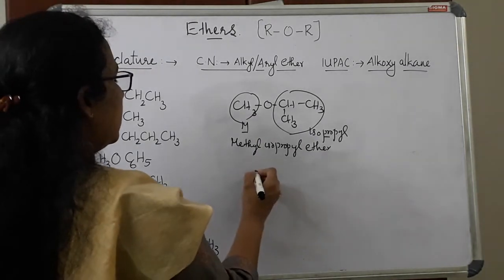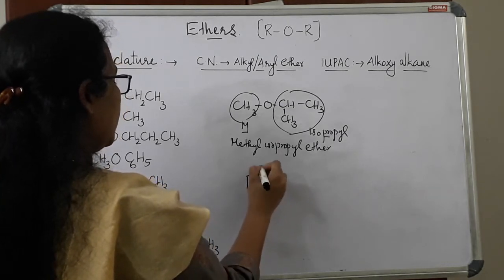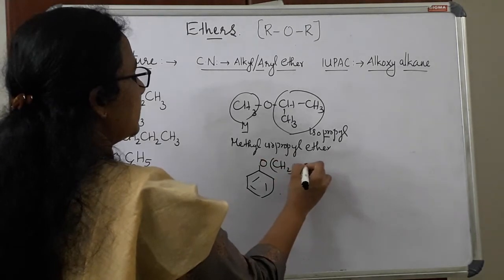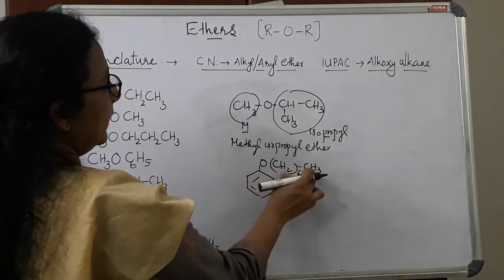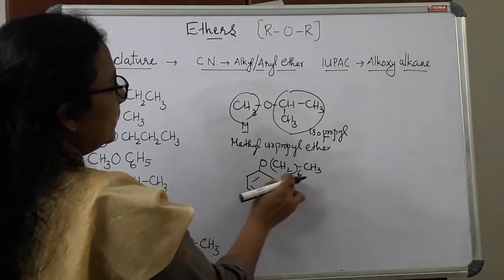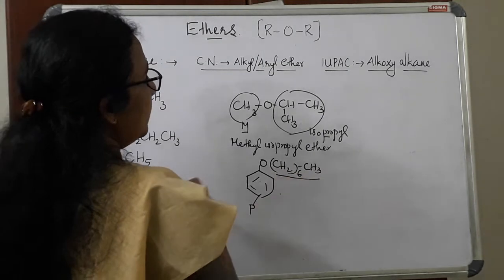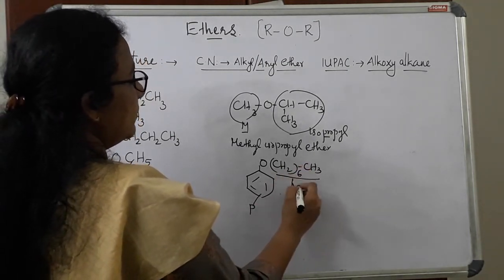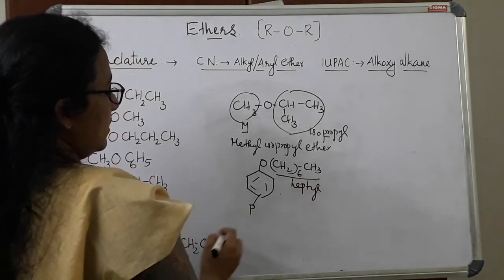We can name one more compound, that is OCH2 six times CH3. Here also there is an aryl part and an alkyl part. This will be a phenyl group and this will be 6 plus 1, 7 carbon atoms, so it will be a heptyl group.